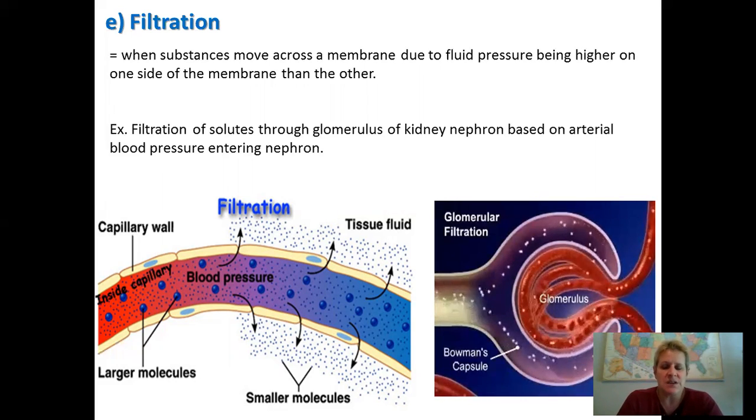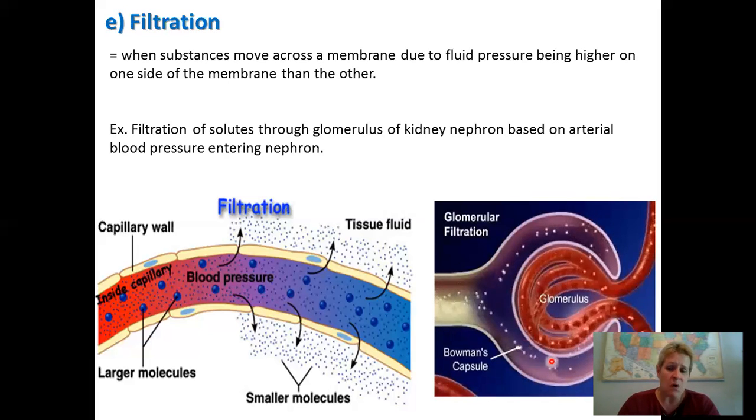So in your kidneys, what you've got is millions and millions of nephrons. And the start of a nephron is this thing called the Bowman's capsule with this filtering glomerulus right here where arterial blood enters your nephron. And the Bowman's capsule membrane is semi-permeable.